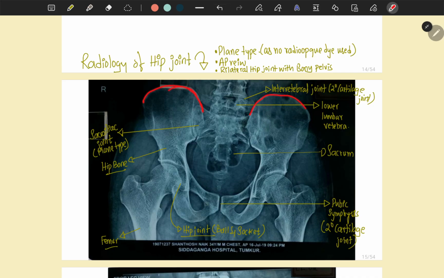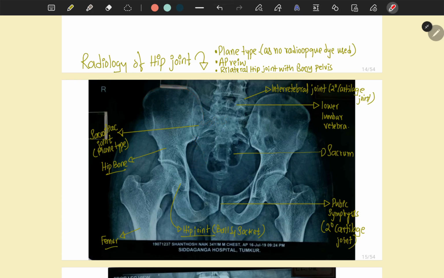This part is called the anterior superior iliac spine. This part is called the anterior inferior iliac spine, and if you go posterior, this is the posterior superior iliac spine, and this is the posterior inferior iliac spine.